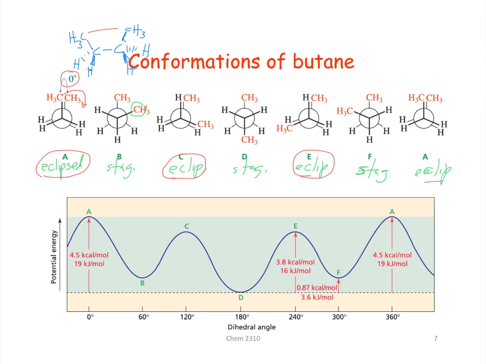Well, you can cheat a little bit here by just looking at the graph. Notice that here's A, that's this one right up here, and C, right here. Those two eclipsed conformations are at different energies.